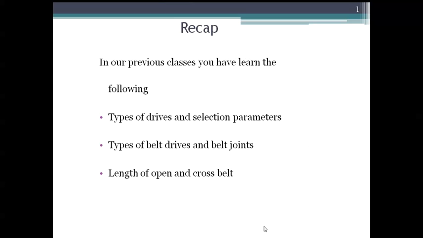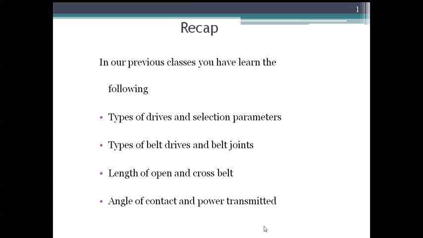When you know these things, you can find the length of the open belt drive using the formula. For the crossed belt drive it is the same: pi into (R1 plus R2) plus (R1 plus R2) whole square by D plus 2D. Here the length of the cross belt is somewhat more and the length of the open belt is somewhat less.